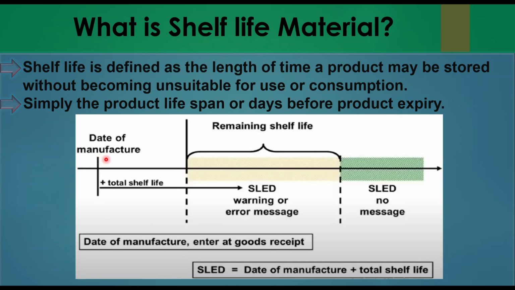Let's say a manufacturing industry manufactured a product on 1st January 2022, and its expiry date is, let's say, 1st June. Today, on 1st April, you received that product, so its remaining shelf life will be 2 months. That is the remaining shelf life of that product at the time of receiving in a company or storage location.